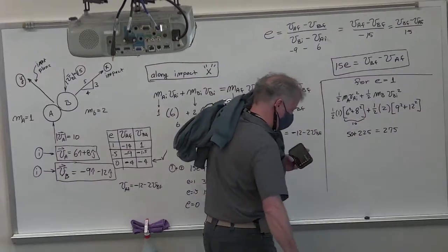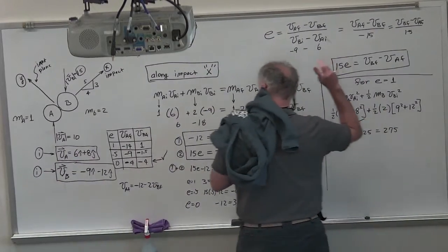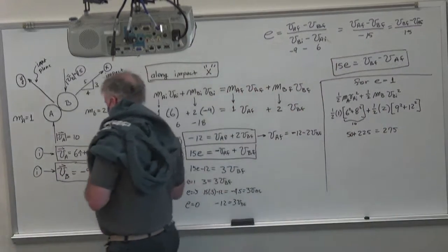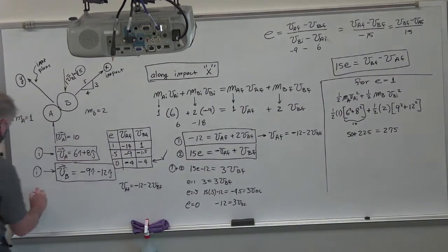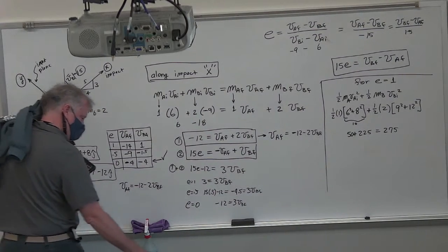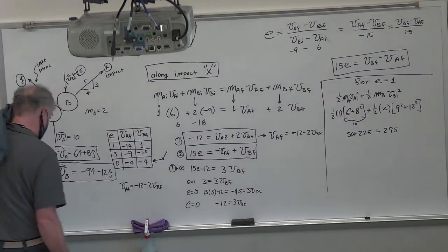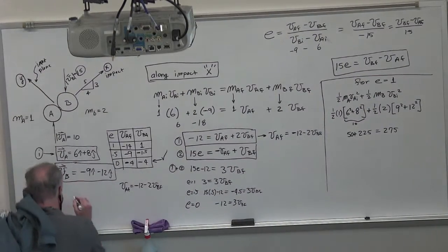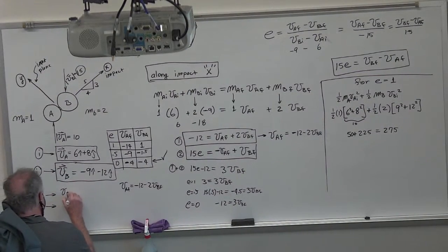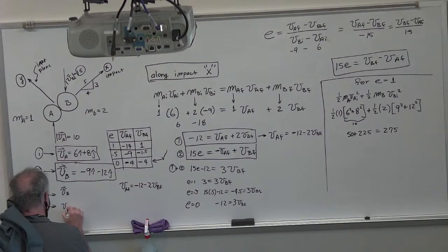Now what I'm going to do, before I go on, I'm going to come back here and look at the final states. Okay, the final state, velocity A, velocity of B, equal to and equal to.